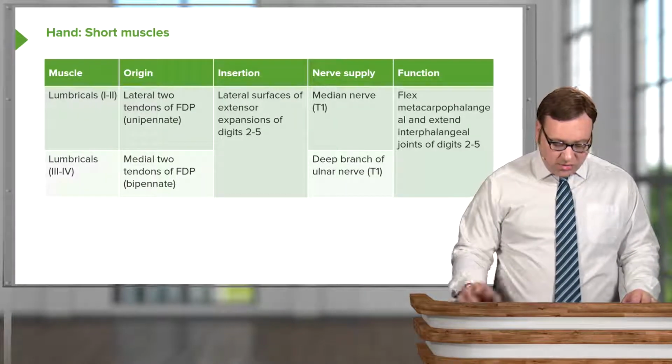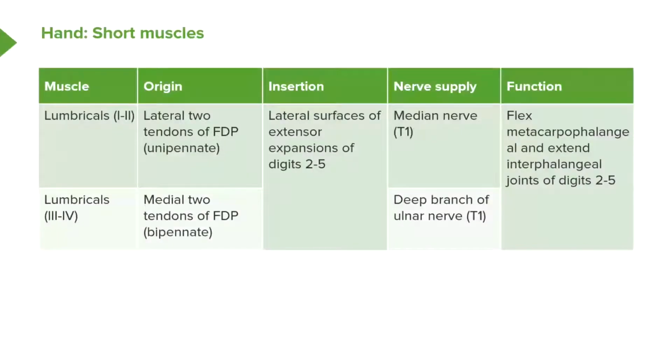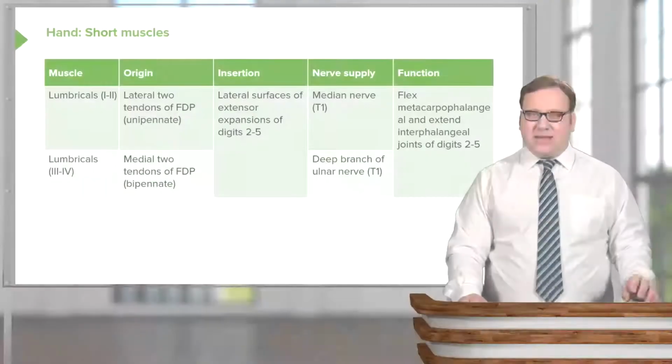So if we have a look, we can see lumbricals 1 and 2, originating from the lateral two tendons of FDP, and these are our unipennate ones I indicated. And then we have lumbricals 3 and 4, originating from the medial two tendons of FDP, and these are bipennate.